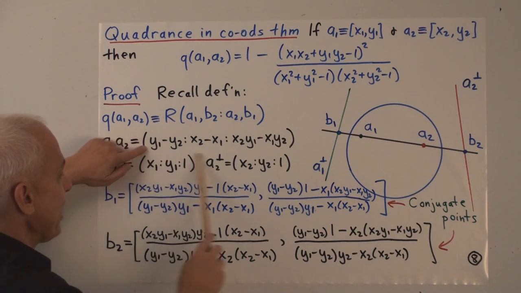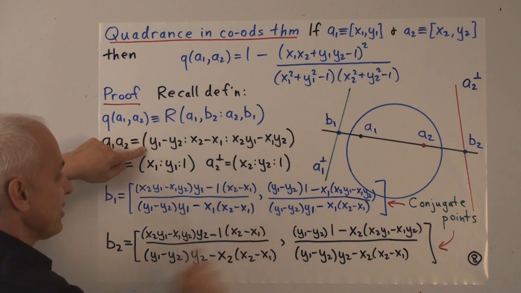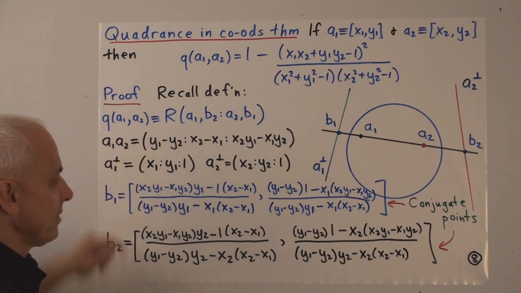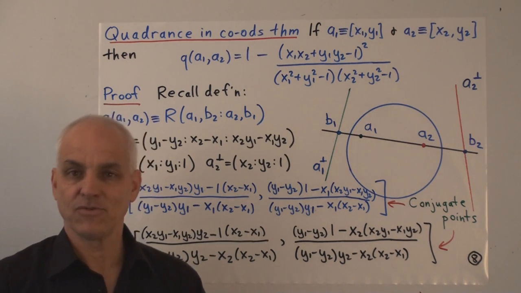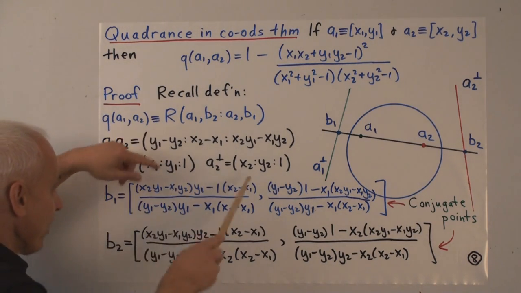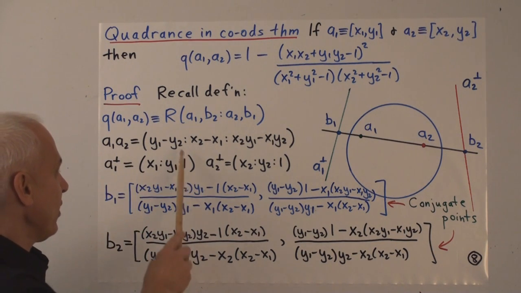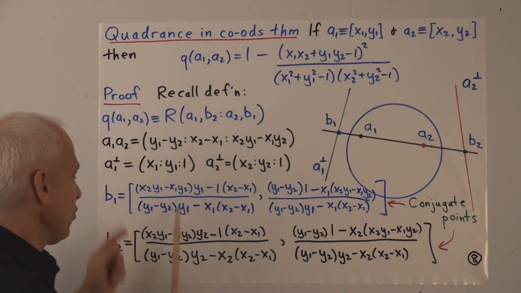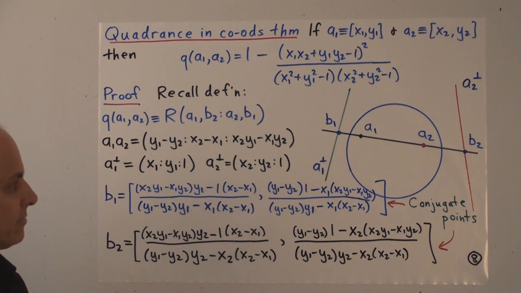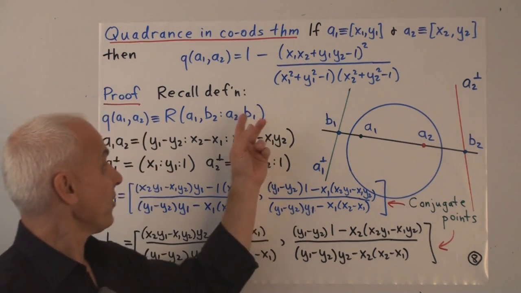So it's a question of finding the meet of this line with this line. And the meet of 2 lines theorem is exactly a formula for that. And you can check, hopefully, that I've done the right combination to write down the 2 conjugate points.